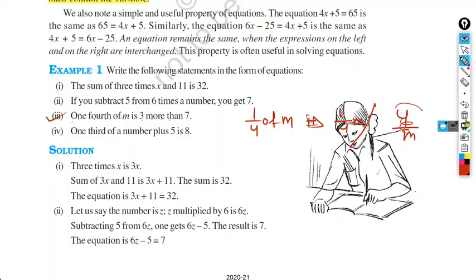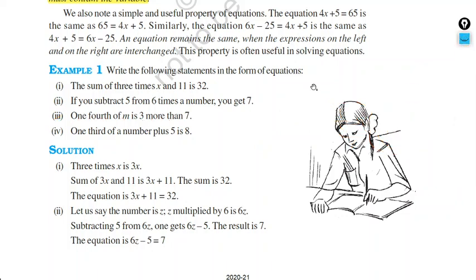Sorry, it's not 4 by m, it's m by 4, m divided by 4. So you can write 1/4 m or m by 4. So 1/4 of m is 3 more than 7. So we can write this equation. Now we will write this one.